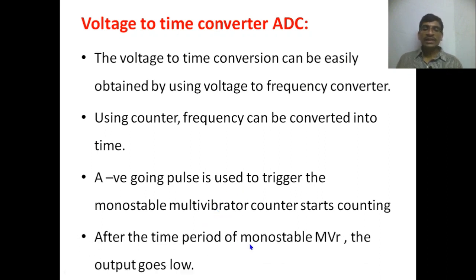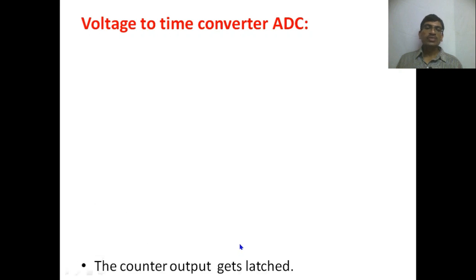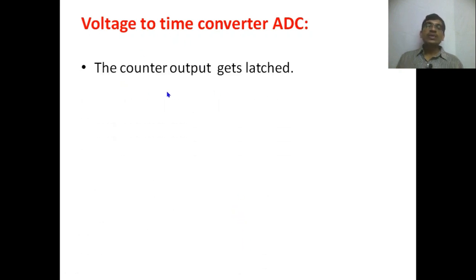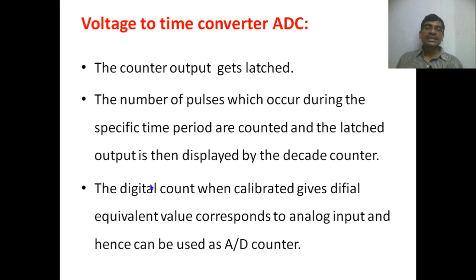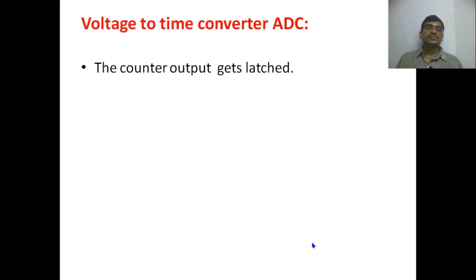After the time period of the monostable multivibrator, the output goes low and the counter output gets latched. The number of pulses which occurred during the specific time period are counted, and the latched output is then displayed in the decade counter. The digital count, when calibrated, gives the equivalent value corresponding to the analog input and hence can be used as an A to D converter.